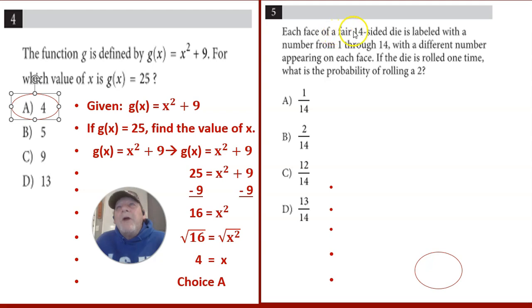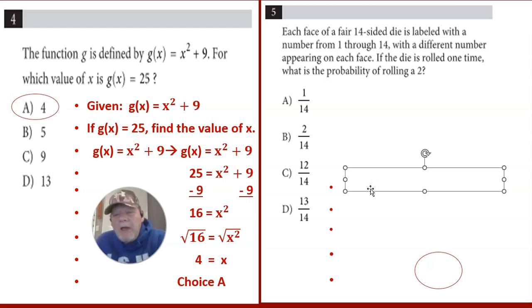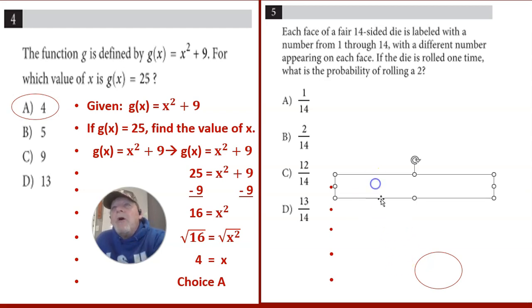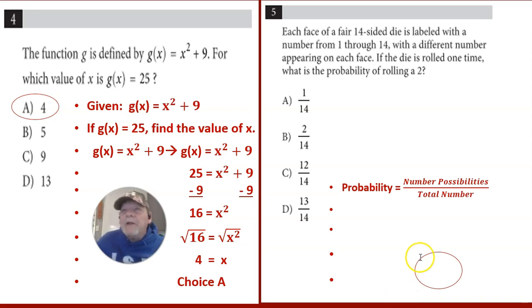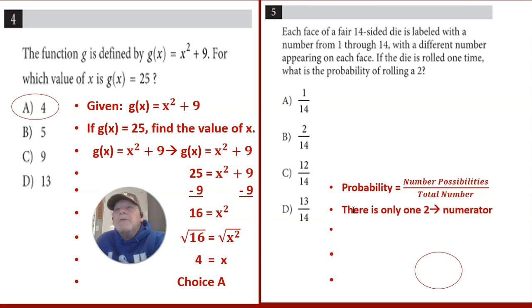Each face of a fair 14-sided die, 1 to 14. Anytime you are finding probability, you're going to take the number of possibilities over the total number in your sample space. There is only one 2 on all of those 14 sides because every side has a different number on it.